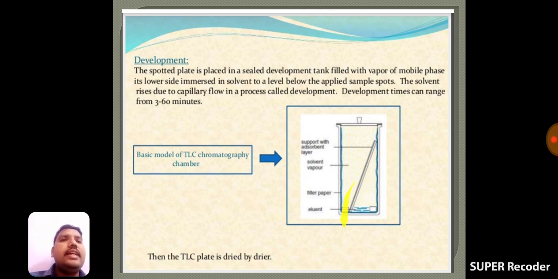This is the TLC plate, a basic model of the TLC chromatography chamber. After development, the TLC plate is dried by an air dryer.